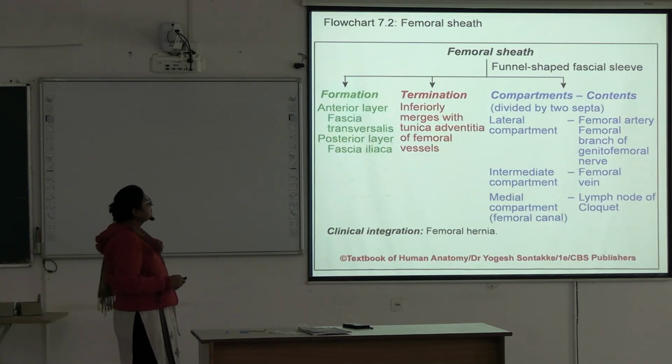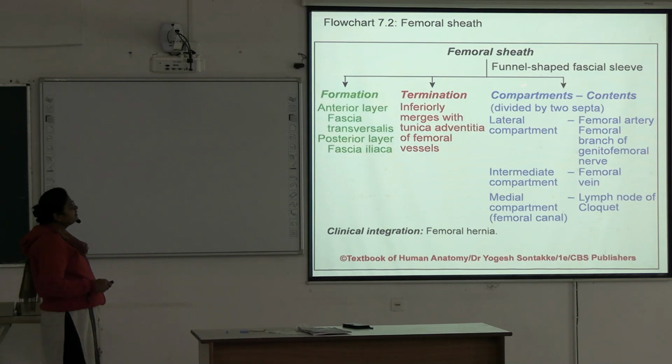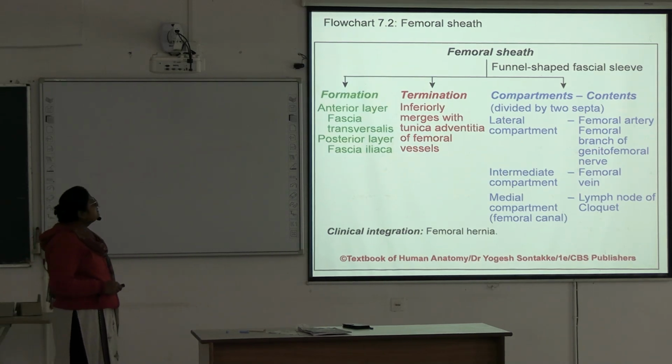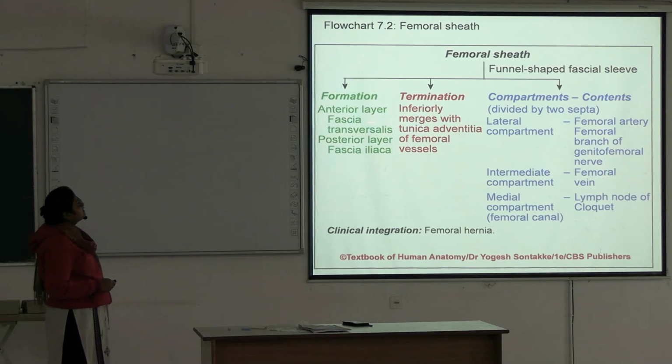Next. So, this is the summarization of femoral sheath. It is a funnel shaped fascial sleeve. How is it formed? Anterior layer formed by extension of fascia transversalis, posterior layer by extension of fascia iliaca. Termination, inferiorly it merges with tunica adventitia of the femoral vessels.